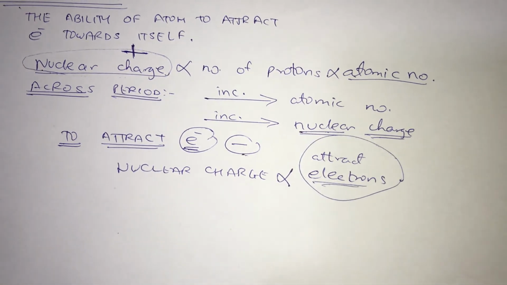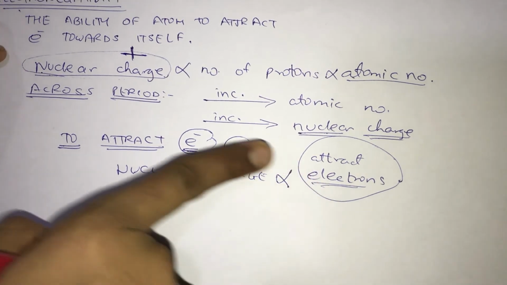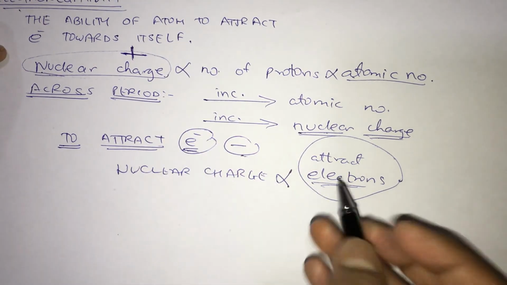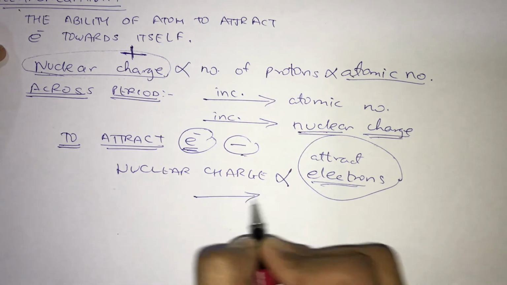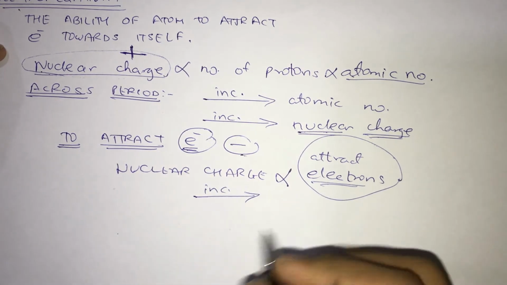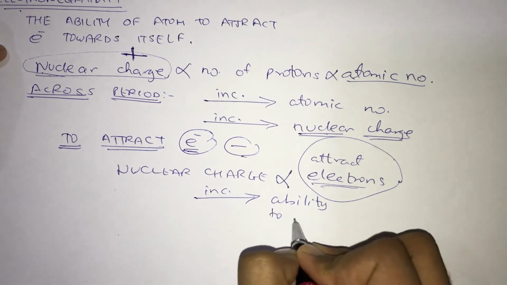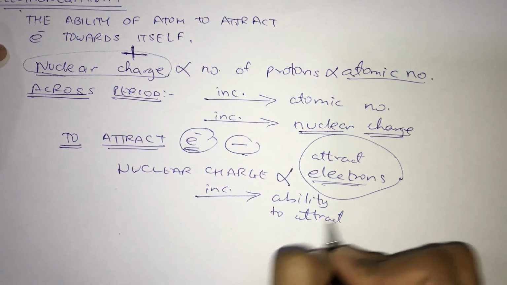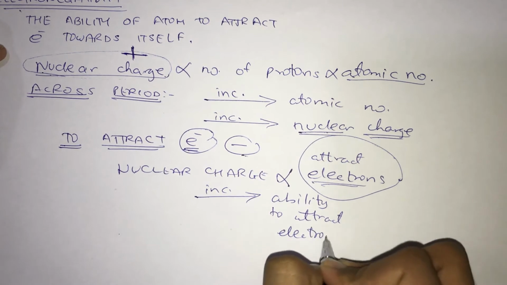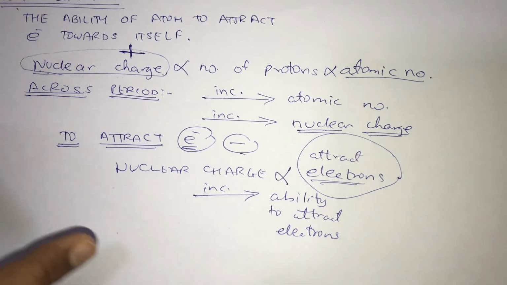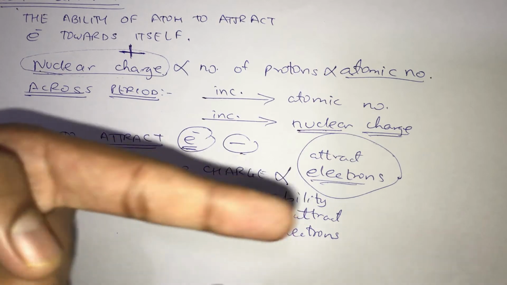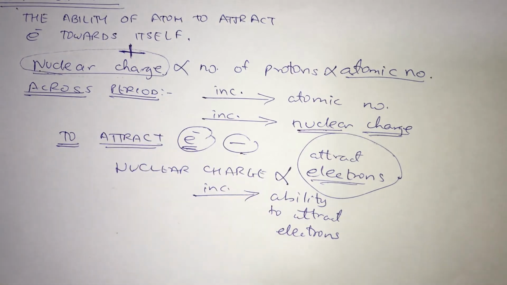So here can I conclude that when I am moving from left to right, if my nuclear charge is increasing, my ability to attract electrons is also increasing? Why? Because as I am moving from left to right, the nuclear charge is increasing, which means the positive charge is increasing, and then the elements can easily attract the electrons.